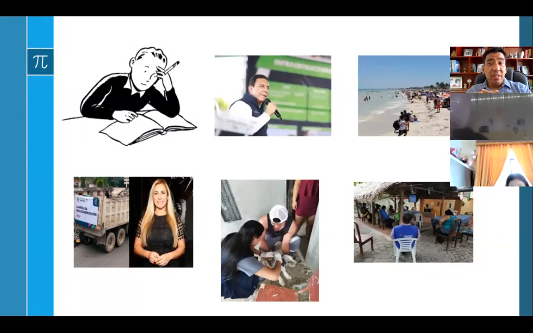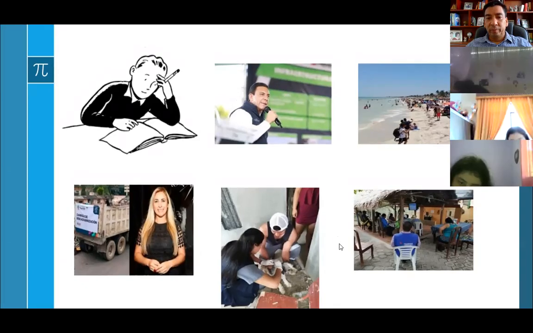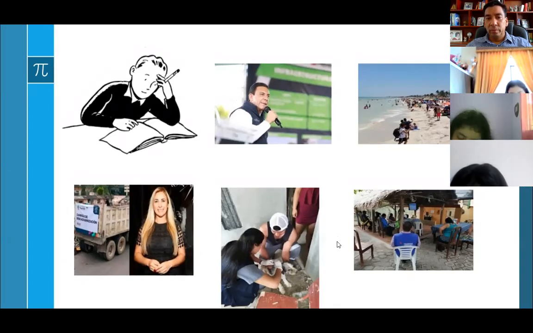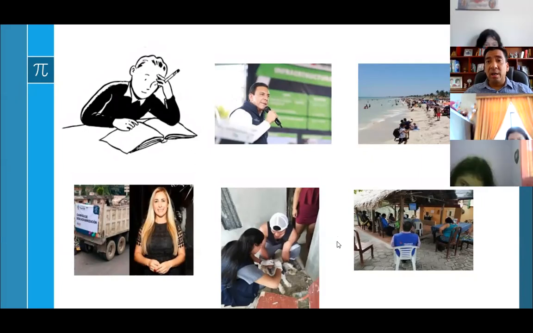You can use affirmative statements or you can use negative, porque hasta ahora hemos aprendido los dos, ¿verdad? Go ahead, Mayerly. The lady is looking at the truck. Absolutely, very good. The lady is looking at the truck.